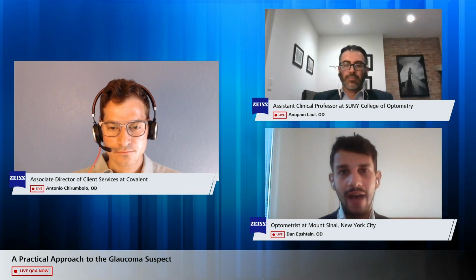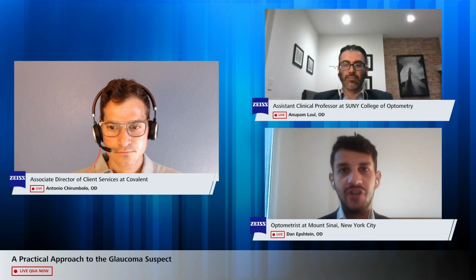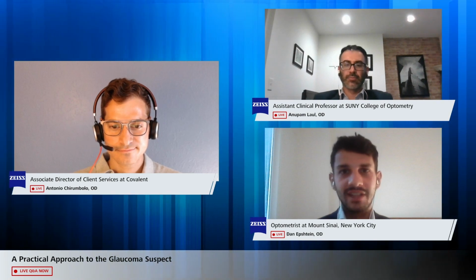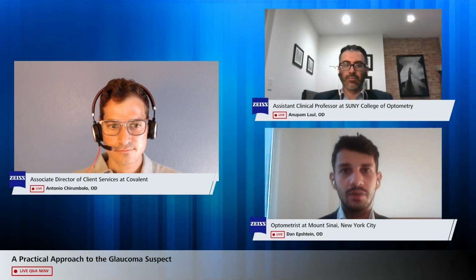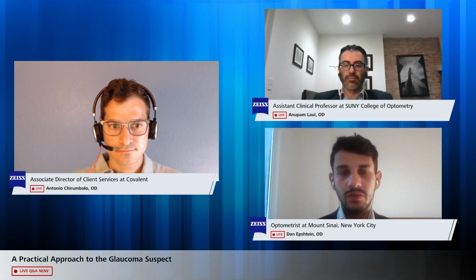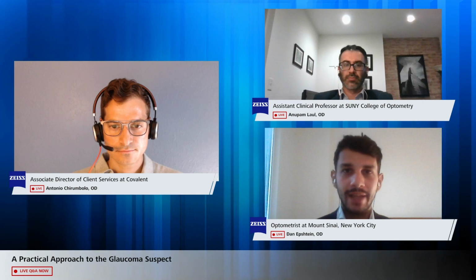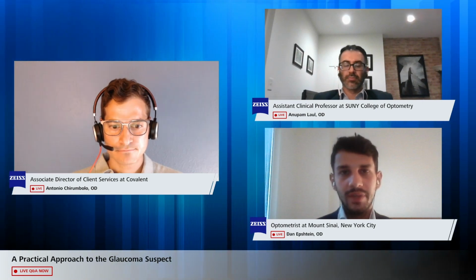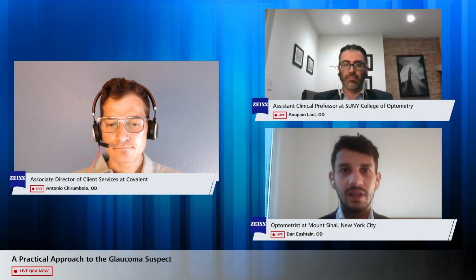And we also do have some form of objective measurements with the OCT, whereas with gonioscopy, depending on how hard you press on the eye, how much light you use, depending on how pigmented the angle, it's pretty subjective. So it's a little bit tough. But now that we're getting more and more research with anterior segment OCT, I think it's going to start becoming a bigger part of our glaucoma workup.